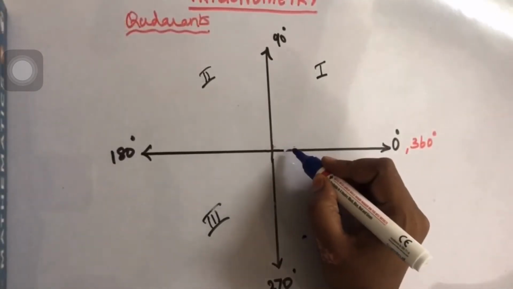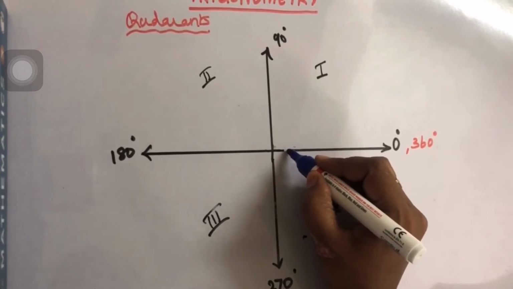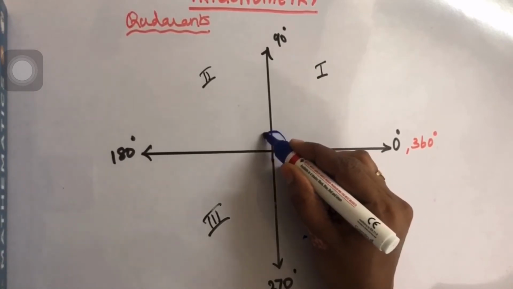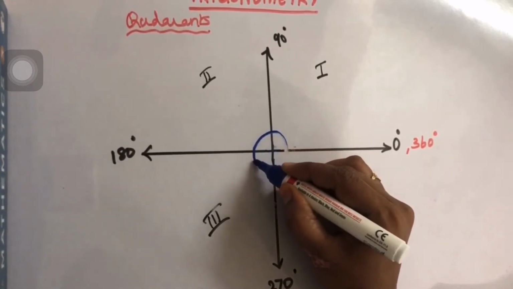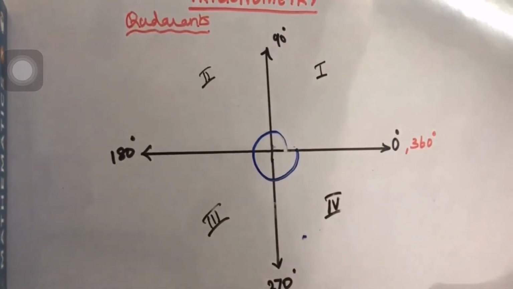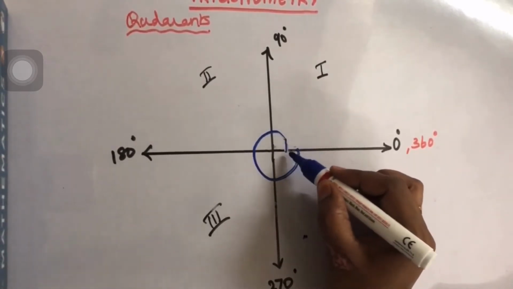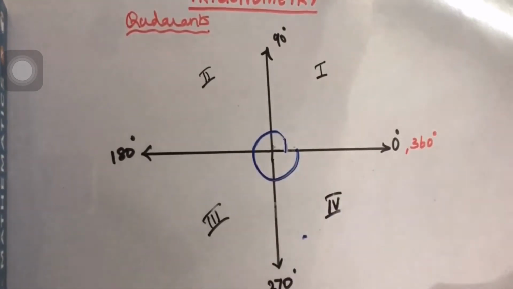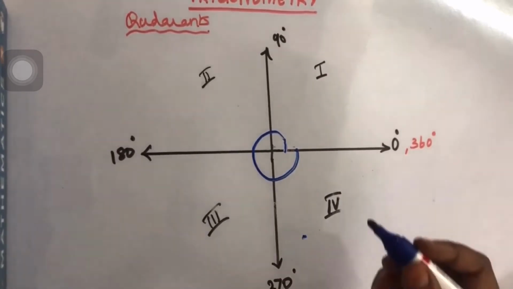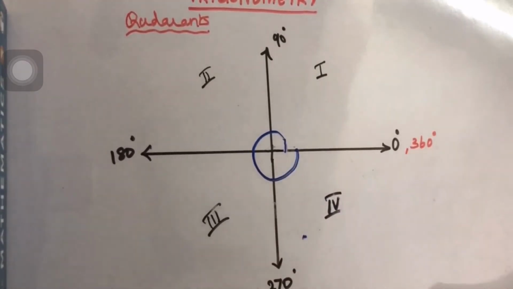So, I start from 0 and I took one complete rotation in the anti-clockwise direction and it will result in 360 degrees. After one complete rotation, it measures 360 degrees starting from 0. Okay, so we can measure angles larger than 360 degrees also.